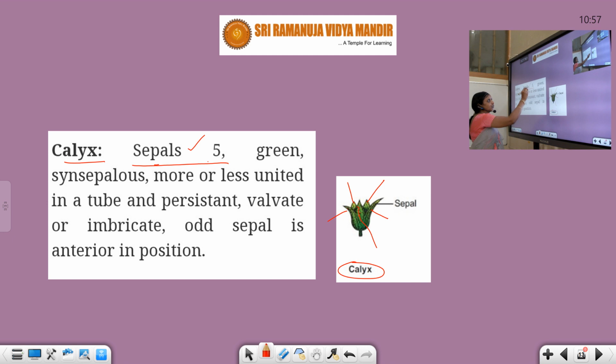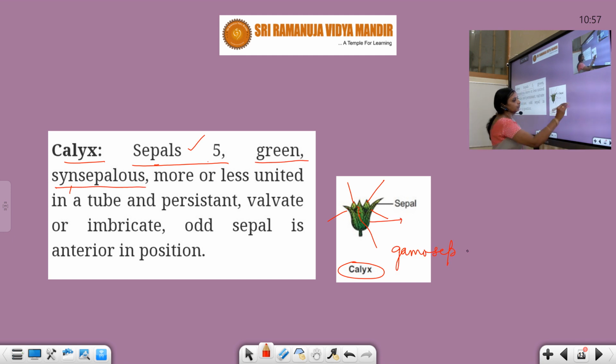And synsepalous, syn means gamo. You can write gamosepalous. Gamosepalous condition. If all the sepals are united, it is gamosepalous. If the sepals are free, that means they are not united, they are polysepalous.